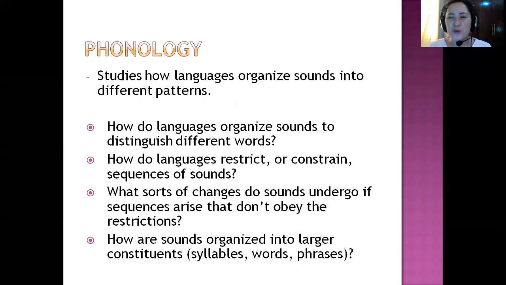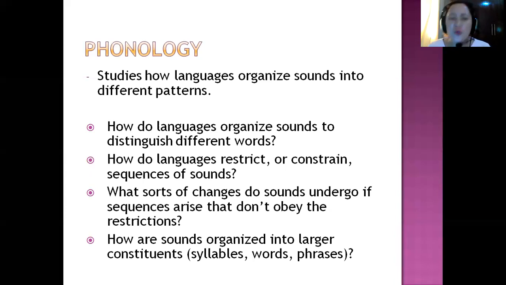So to compare it to phonology, phonology studies how languages organize sounds into different patterns. So, how do languages organize sounds to distinguish different words? How do languages restrict or constrain sequences of sounds?